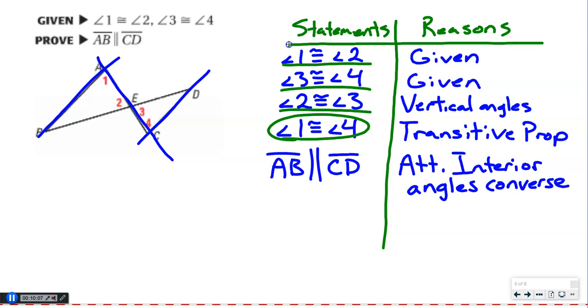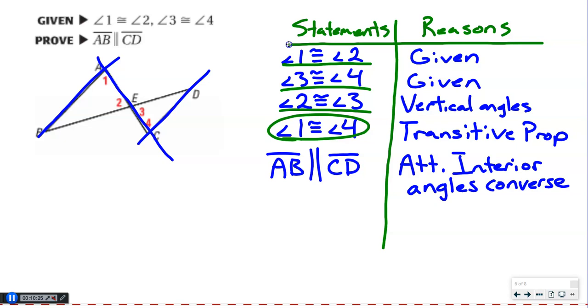You do need to state that it's the converse rather than the alternate interior angles theorem. So we were able to prove that the alternate interior angles were congruent. Therefore, we were able to prove that those line segments are parallel.